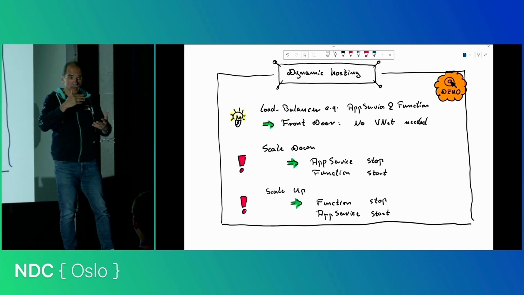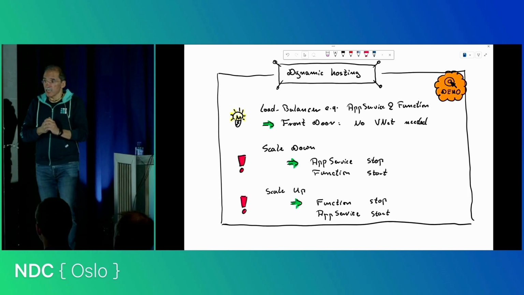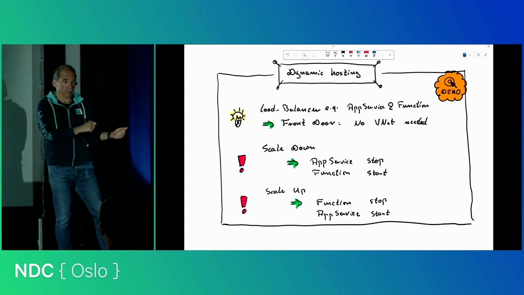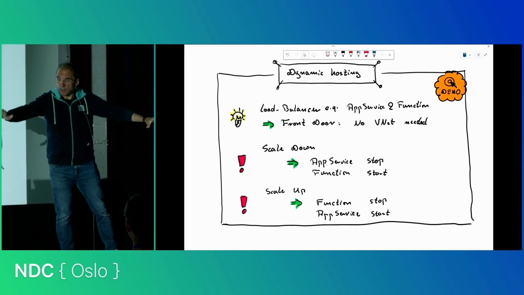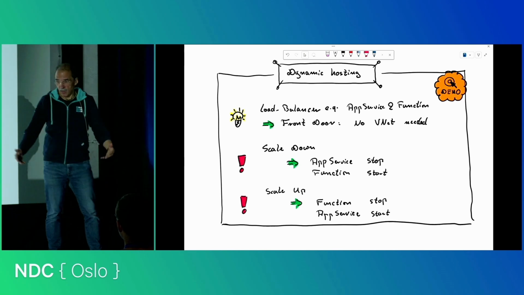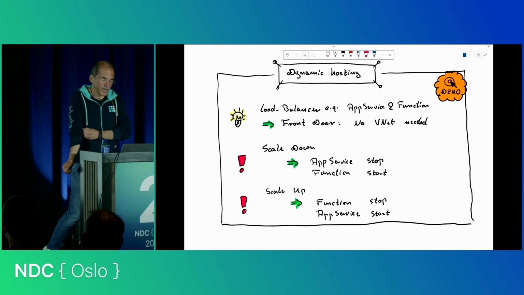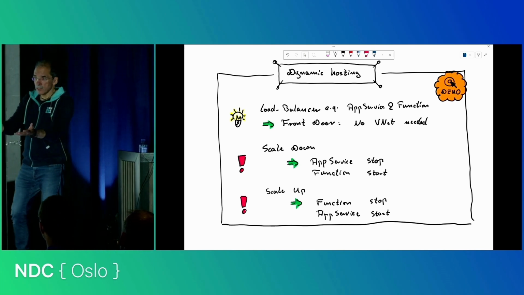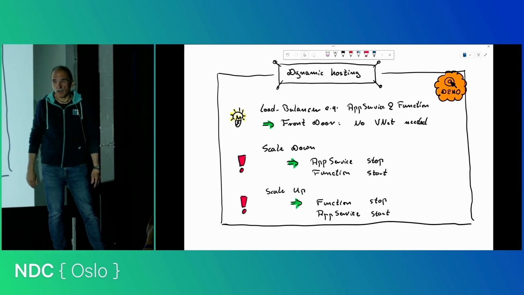So the trick, or solution, is to change your hosting. In the night, I can use functions for this poor guy who has to check the connection, and during the day, if I have load, I can use, for example, the app service.